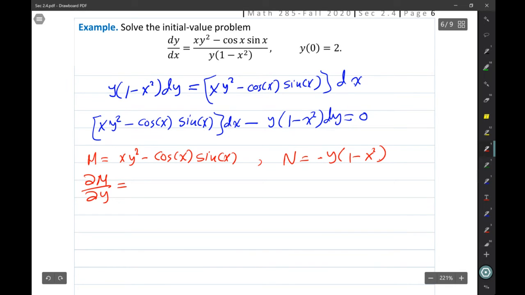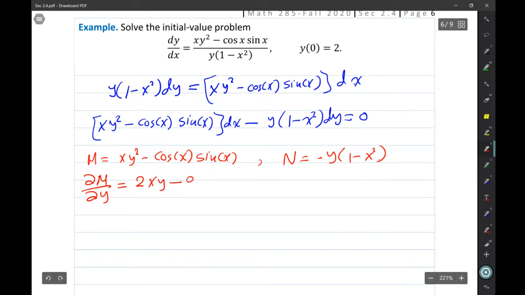Let's see who can solve with me here. dm by dy partially means here 2xy.